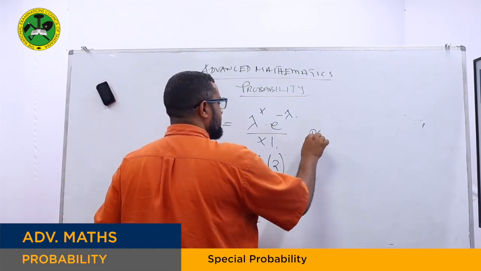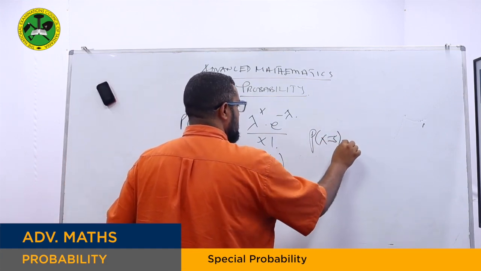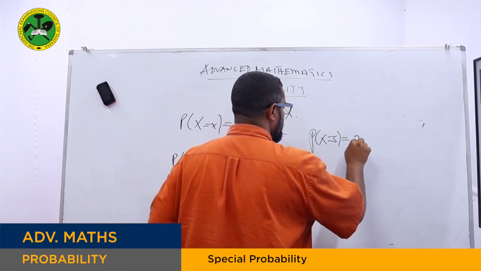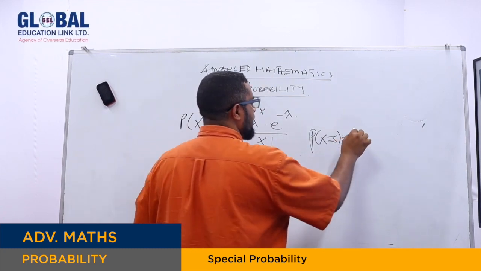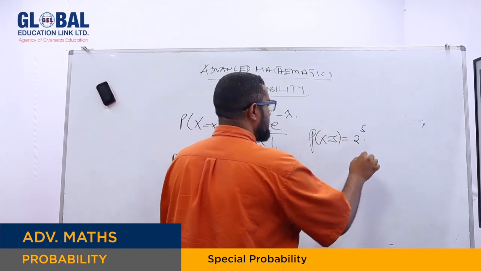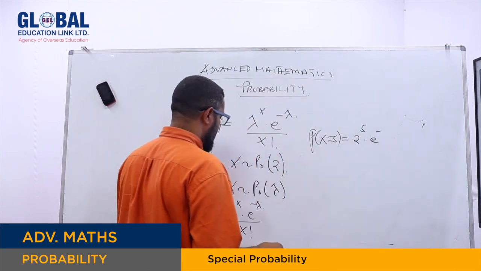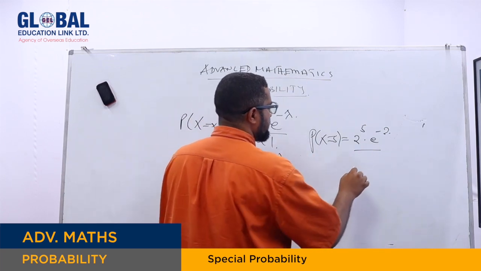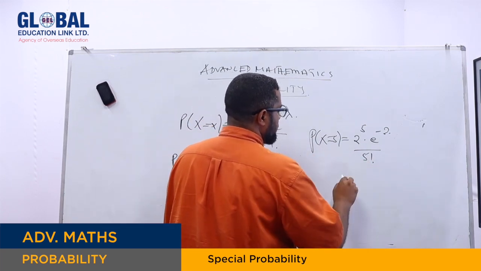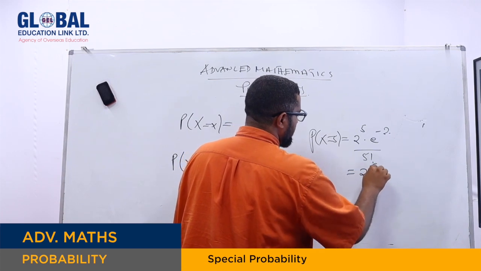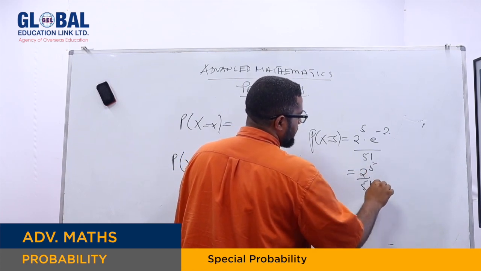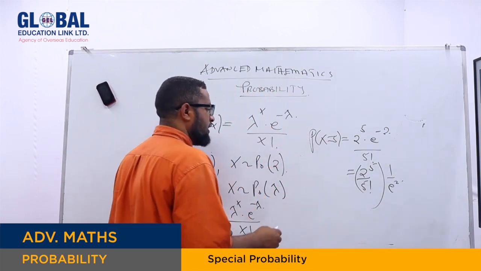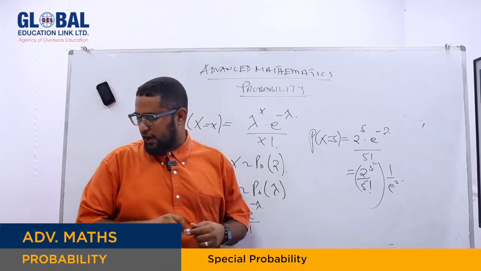So probability of x equal to 5 will be equal to 2 to the power of 5 times e to the power of negative 2 divided by 5 factorial. So you can simplify and write 2 to power 5 over 5 factorial, then times 1 over e square.